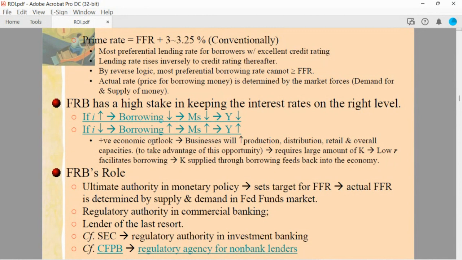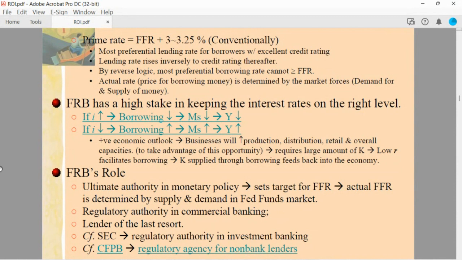Production capacity means their plant. If the plant is bigger, the production output level is bigger. With a bigger output level, they will put out more goods. More goods translates into more sales. More sales means more revenue. More revenue means more profit.